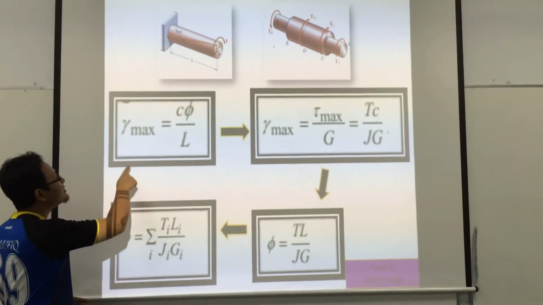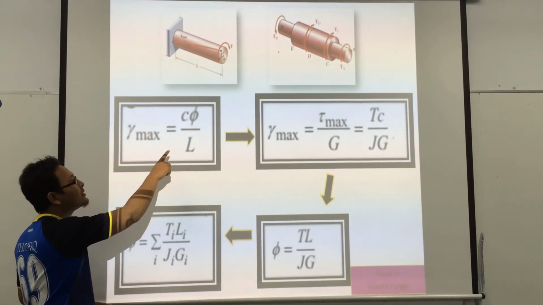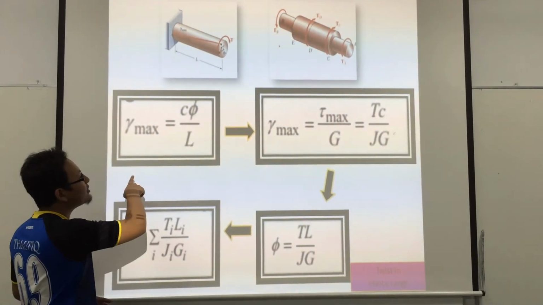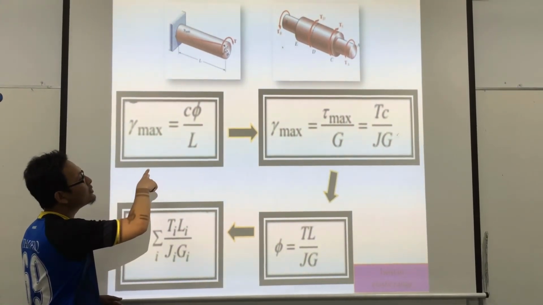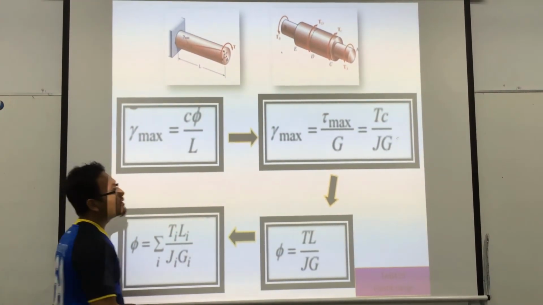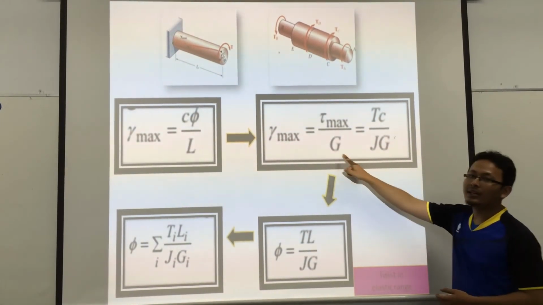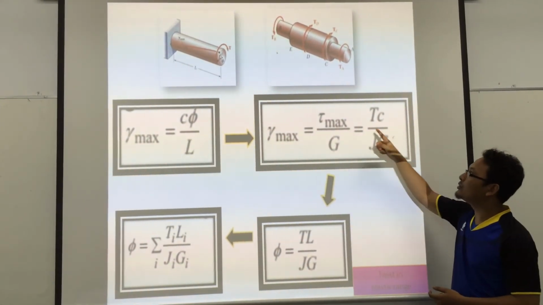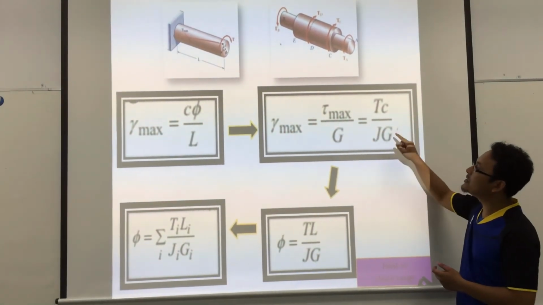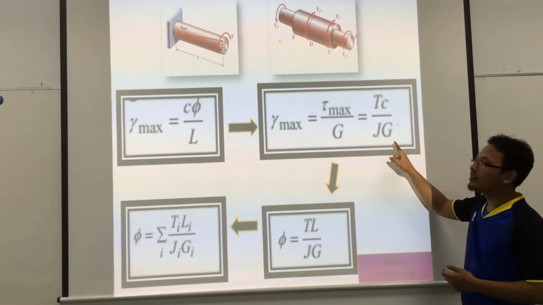You can see the shear strain is equal to radius times angle of twist over length, and also shear strain is equal to tau max over G. So how do we get this formula? Tau max is also equal to TC over J. So if we insert TC over J into this formula, it will be TC over JG.